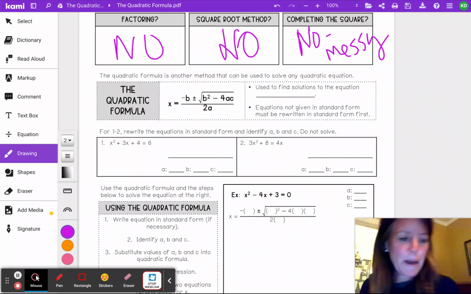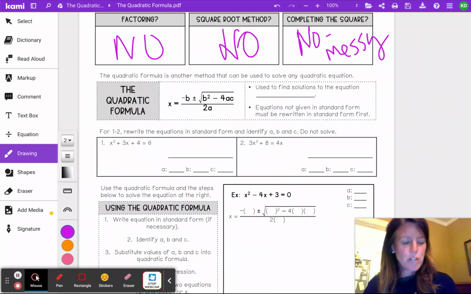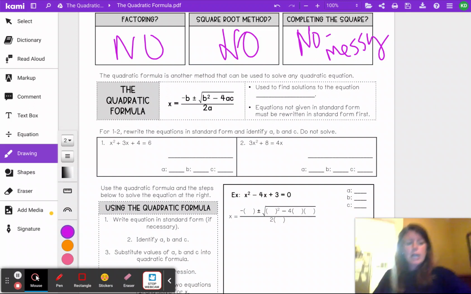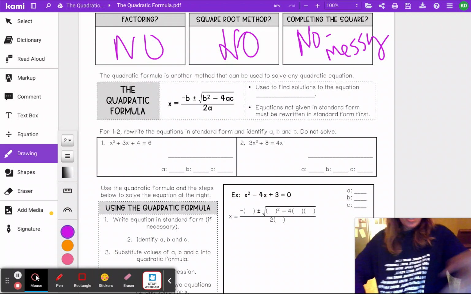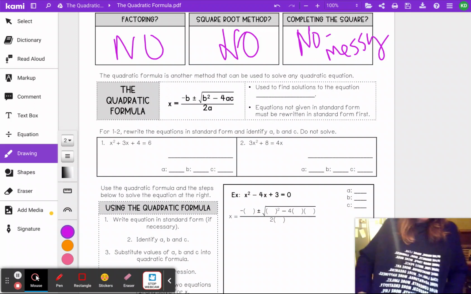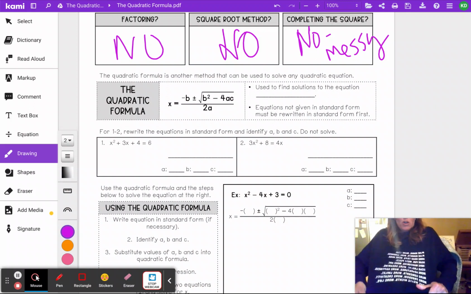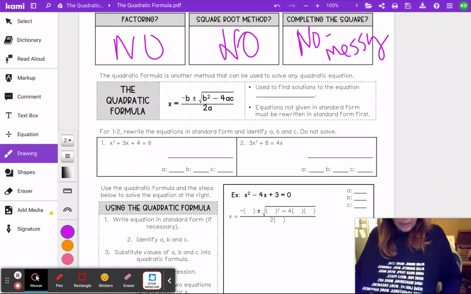I'm happy about that. Time out real fast before we get into quadratic formula. I want to show you my shirt. So this is one of my favorite things, and I'm going to be wearing it all the time. It says all these fun things on here. I'm going to read them out to you.